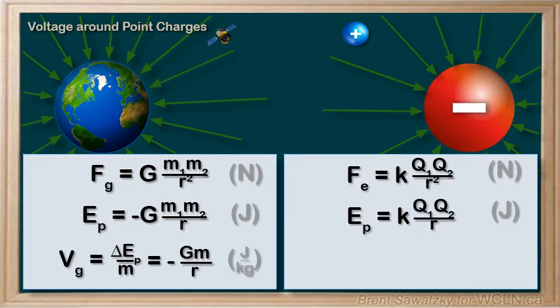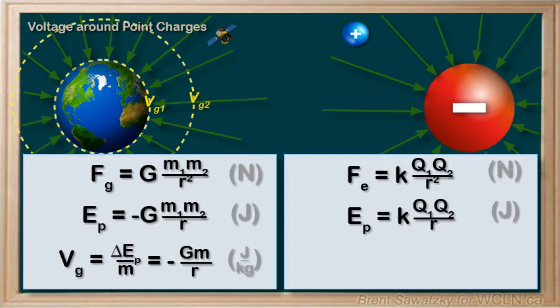So now let's plot some equipotential lines. Along the surface of the Earth, we would have Vg1, and that's minus G mass of the Earth over the radius of the Earth. Out further, 2 radii from the Earth's center, we could have Vg2, minus G mass of the Earth over 2r, and continuing to Vg3, and so on.